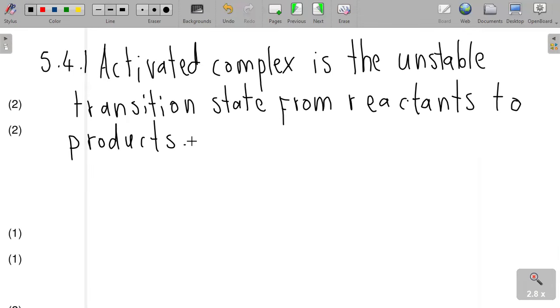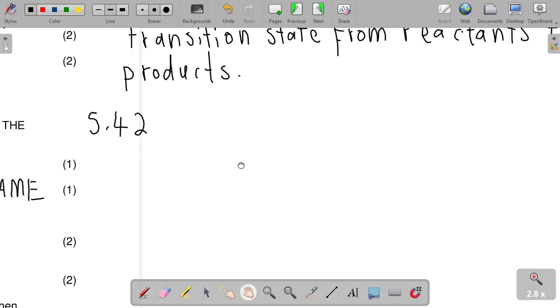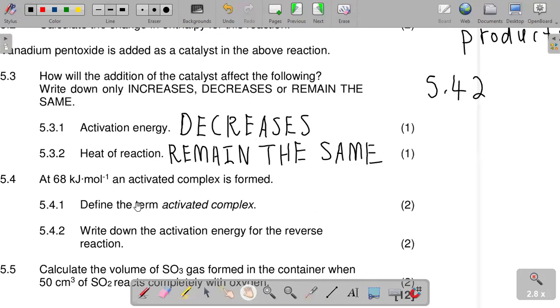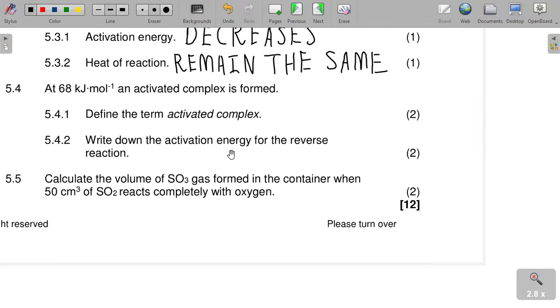And then 5.4.2, they say write down the activation energy for the reverse reaction.